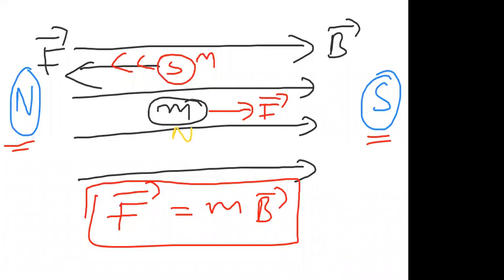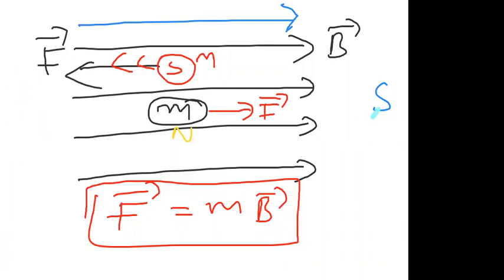We know that magnetic field lines are directed from north to south, so we imagine north here and south there, though we don't write it anywhere. Just observe that the south pole is experiencing force in the direction opposite to the field, and the north pole is experiencing force in the same direction as the field.